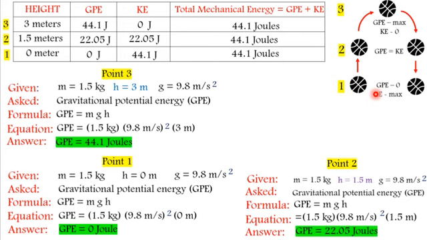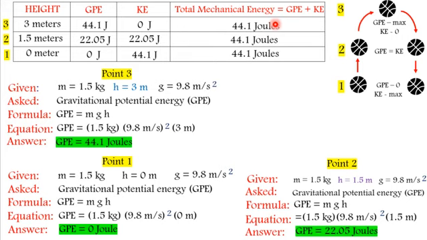So it means that the value of gravitational potential energy is dependent upon the height, because gravitational potential energy is the energy possessed by an object due to its height or position. But in the end, the total amount of energy stays the same, or is constant.